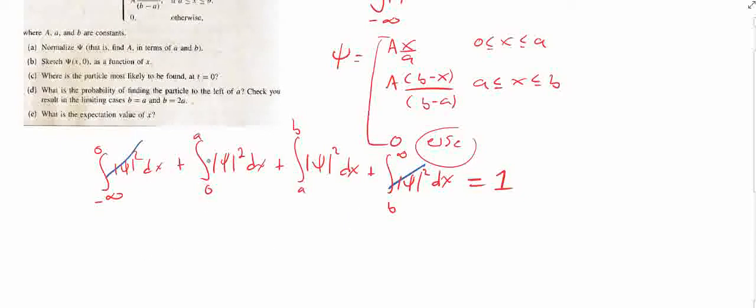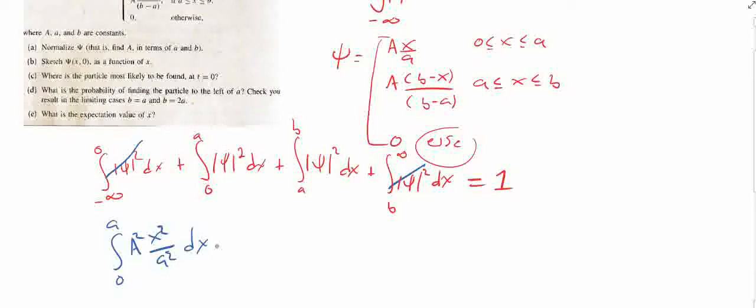Okay, so now the integral from 0 to a of psi squared. Well, we'll just square this top function, because that's what psi is between 0 and a, so it's a squared times x squared divided by a squared, dx.